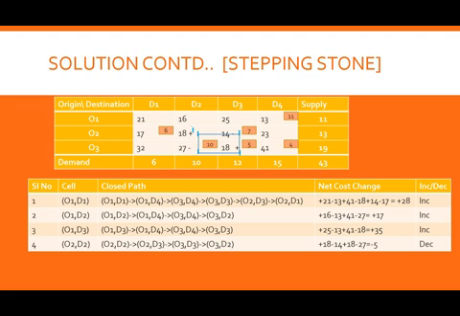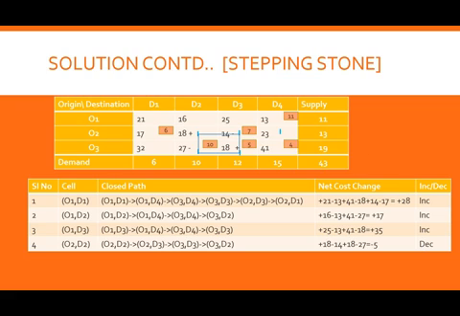Put the alternating signs plus, minus, plus, minus. So the net cost change will be plus 18, minus 14, plus 18, minus 27, which will be a minus 5. So there is a possibility of decrease. So whatever I had got was not an optimal solution.